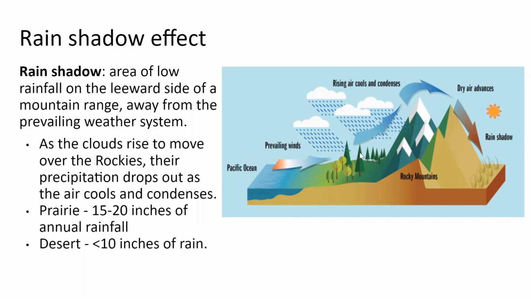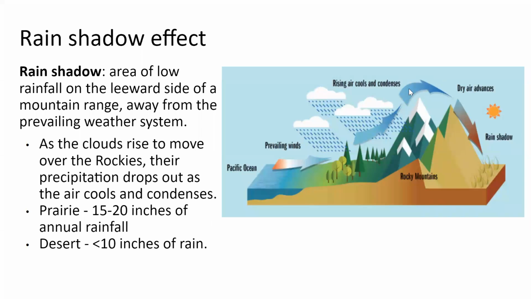Then as that air rises to go over the mountains, in this case the Rocky Mountains, that rising air cools and it's not able to hold as much water. And so you have the water condensing and falling as rain. So you often have areas of very high rainfall, in this case, on the west side of the Rocky Mountains.